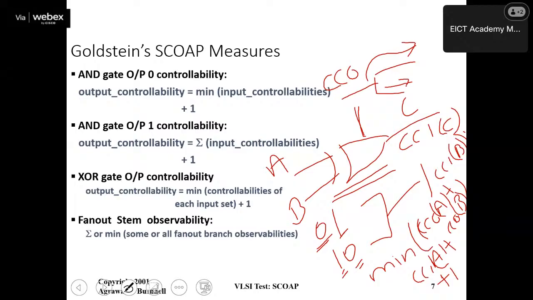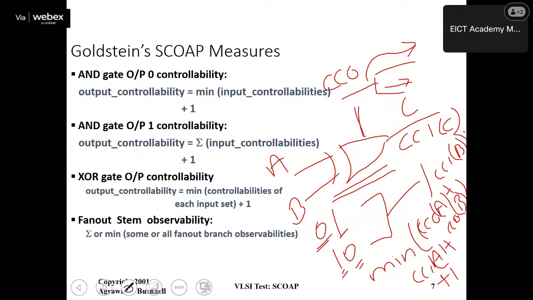Controllability will remain the same, as we have also discussed in the equivalence and dominance based collapsing, that whatever input you have, the fault is going to propagate in all the branches of the fan out. So likewise, CC0 and CC1 of the stem is being propagated to all the branches equally.